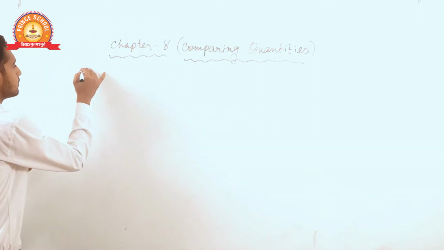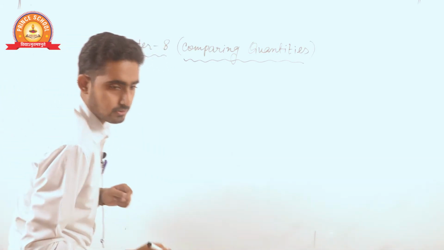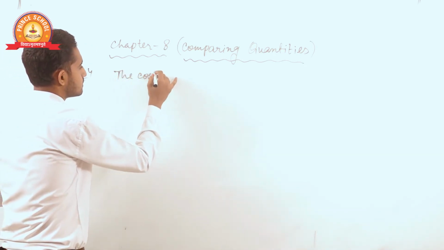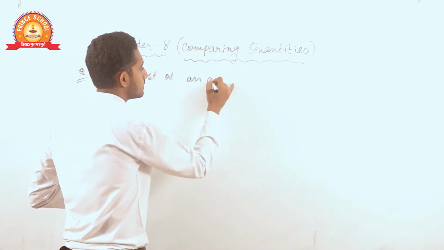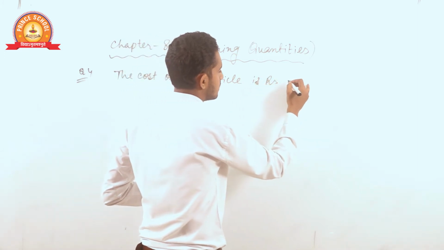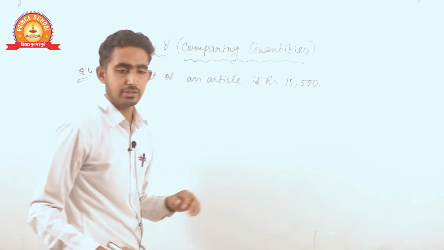First of all, in question number 4, what information is given? The cost of an article is rupees 15,500. That is given in your question.